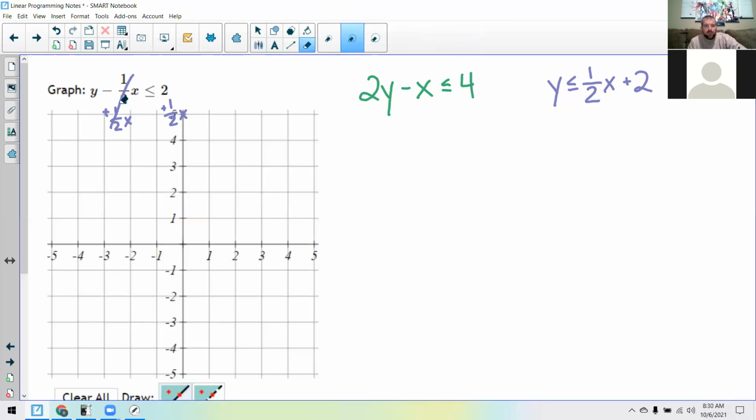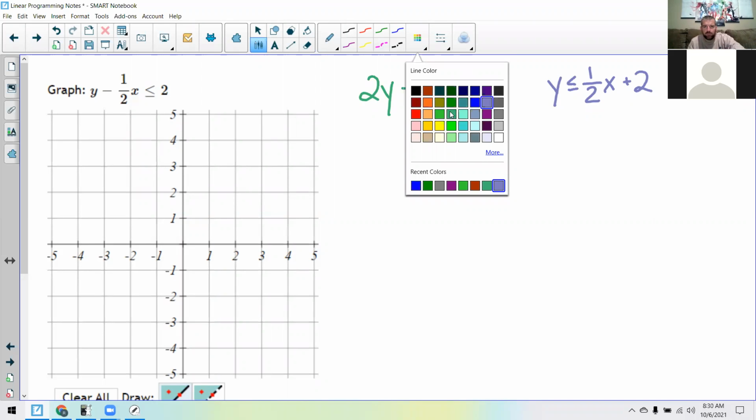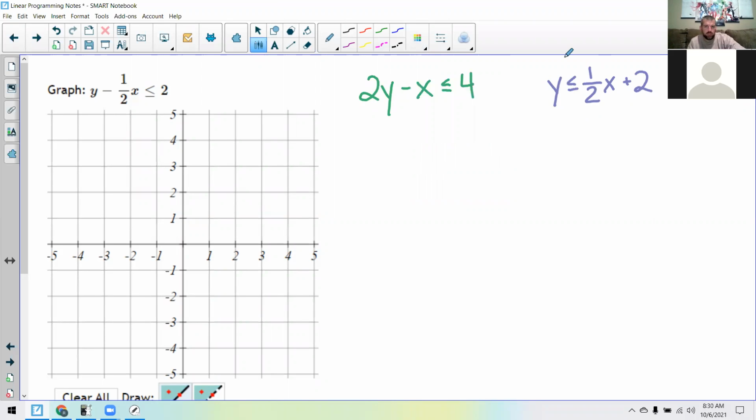It might not look like it, but these two equations are the exact same line. I'll graph the green and then I'll show you that it's the same as the bluish color.